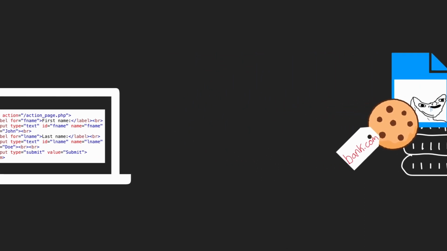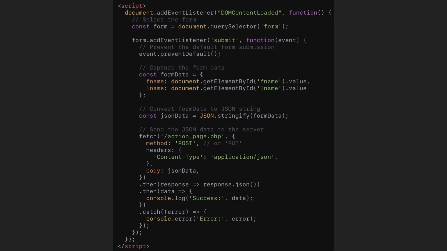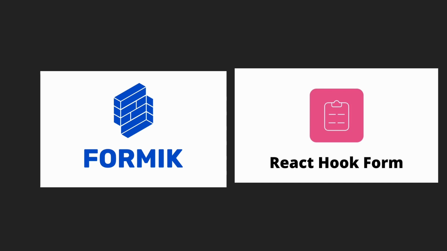But it's important to note that a lot of modern web applications rely on JSON for communication between the client and the server, and they use JavaScript to submit these requests with forms, doing something like this, preventing the form default action and sending the data with JavaScript. There are a dozen libraries that handle this for you, like Redux Form, jQuery, React Hooks Form, and if you like bad apps, Formik.